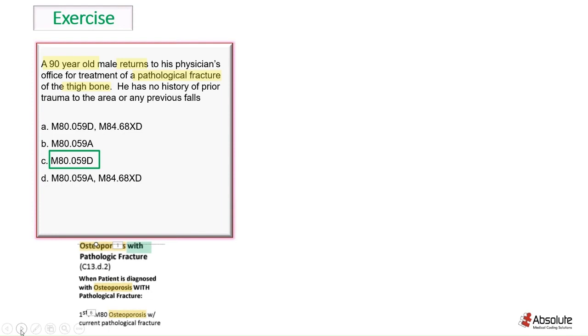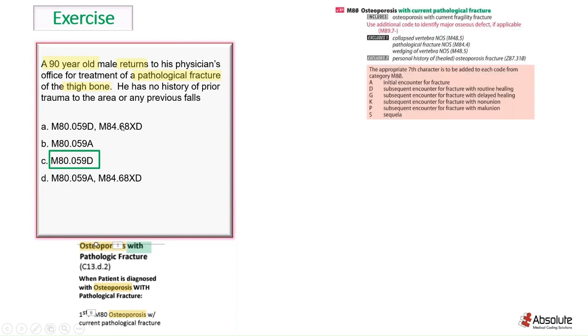We have a guideline which states that for osteoporosis with pathological fracture, we code the M80.0 series first. Since the patient is returning to the physician's office, it is going to be a subsequent encounter, so we give the seventh character as D. That's a keyword to look into.